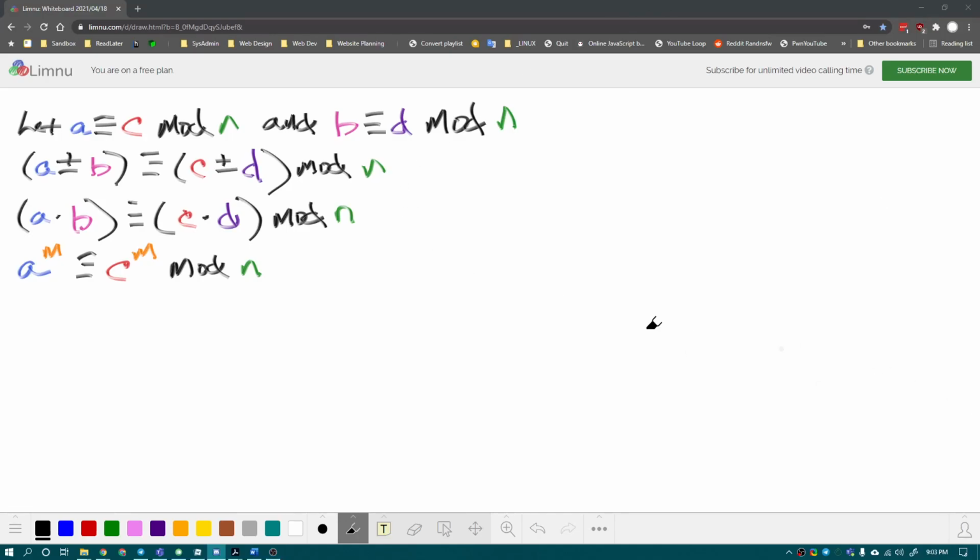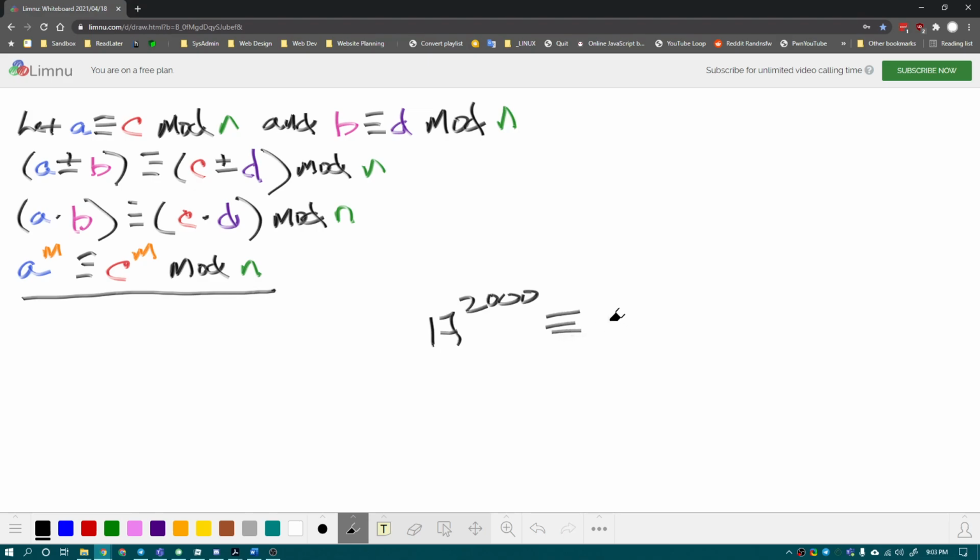Yeah. All right, so not that I necessarily think this is what he's going to do, but he could do it. Right? In particular, this last property. Just imagine if you had a problem like this. What am I trying to do? 2 to the 2000 mod 5.